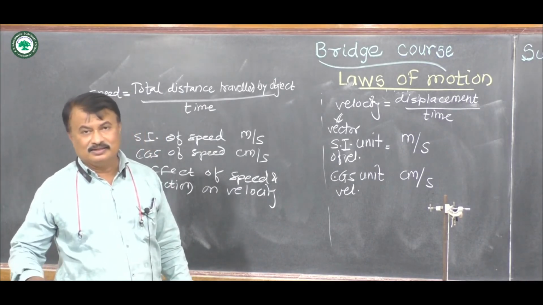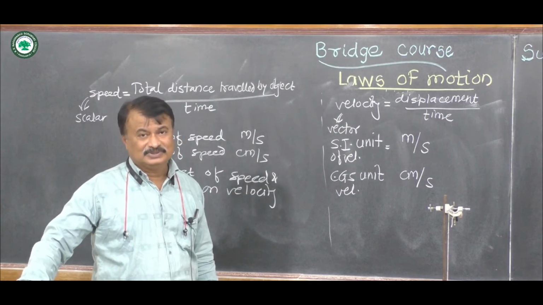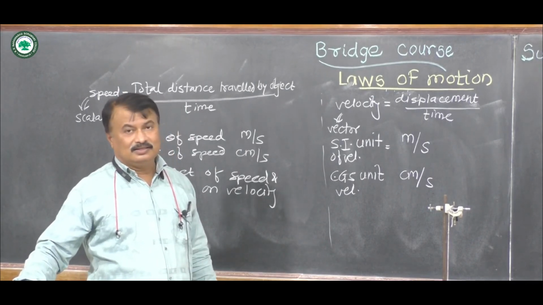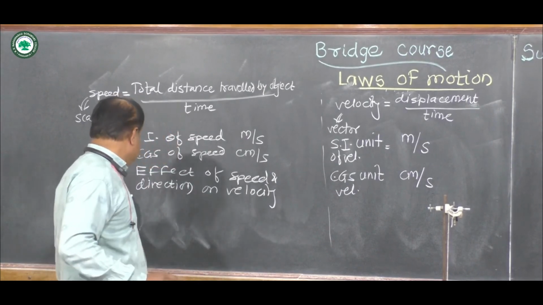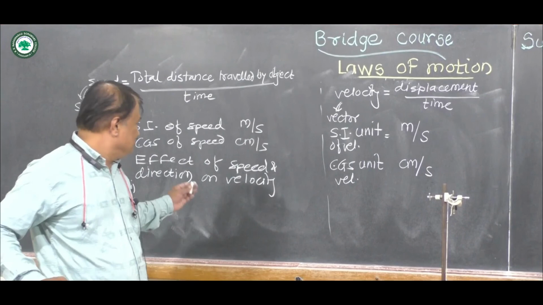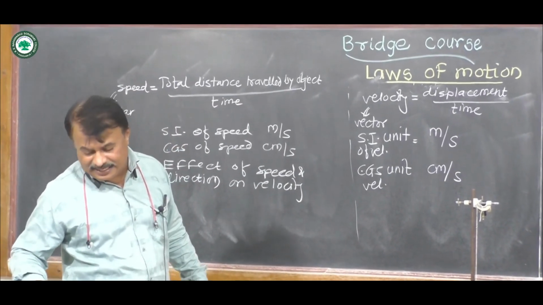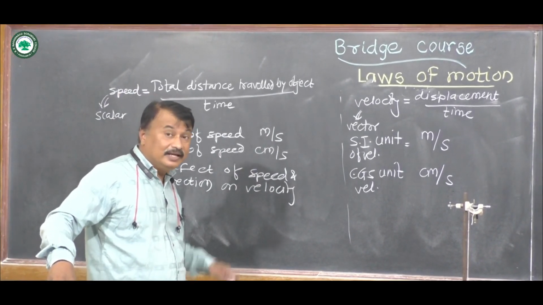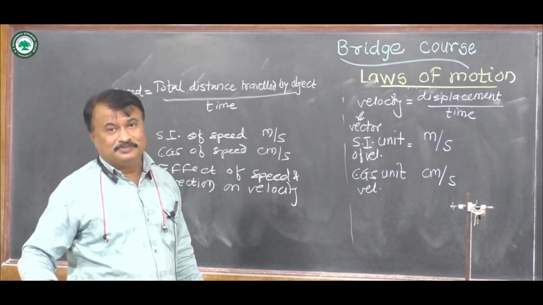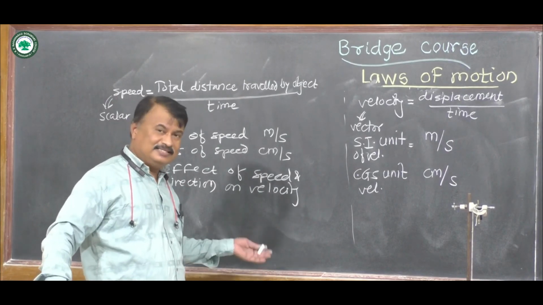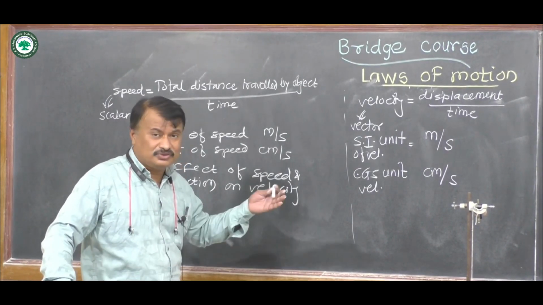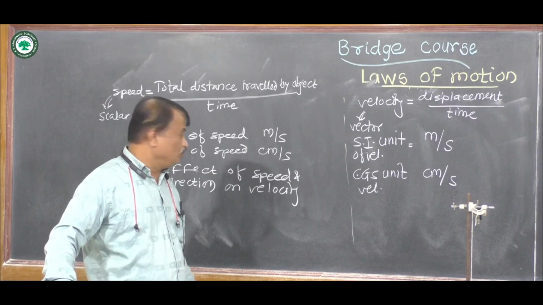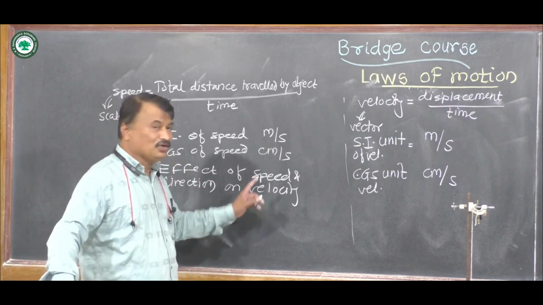If we change the speed while the direction is the same, then there is a change in the velocity. In another case, we change the direction but speed remains constant, again there is an effect on velocity. If we change both speed and direction, then also velocity changes. So this is the effect of speed and direction on velocity.